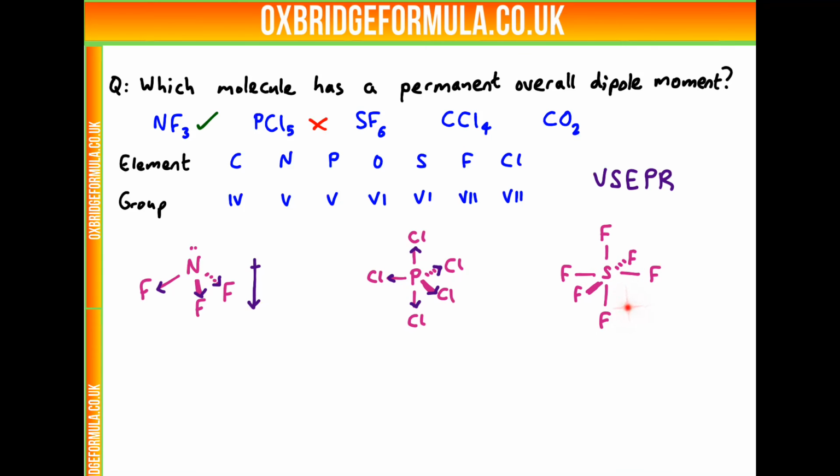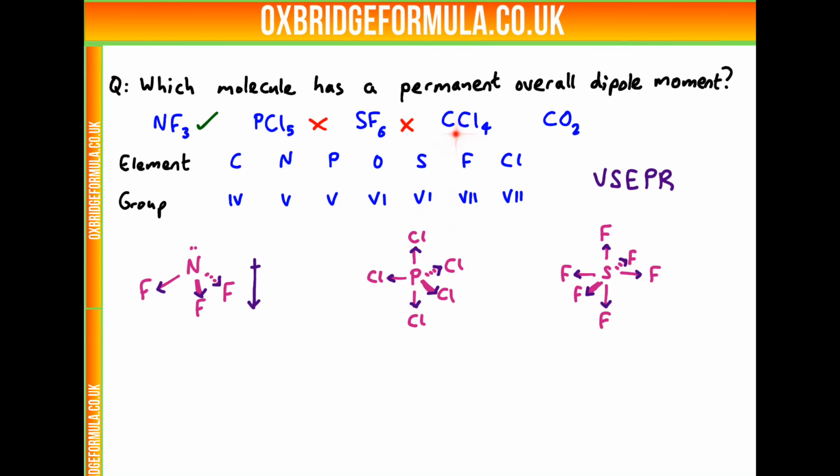And so what are the dipoles doing in this molecule? We know fluorine is the most electronegative element, and so all of these bonds will be polarized towards fluorine. But because of the high symmetry of this shape, all of these pairs of opposite dipoles will cancel each other out. So there is no net dipole moment in SF6. How about CCl4?